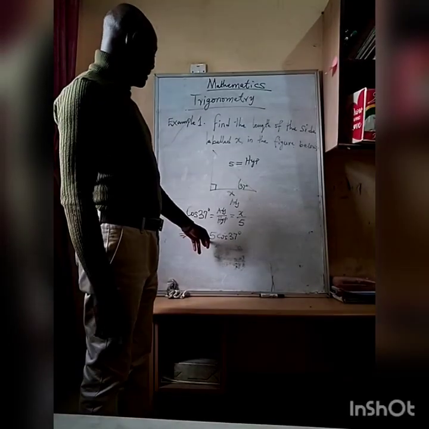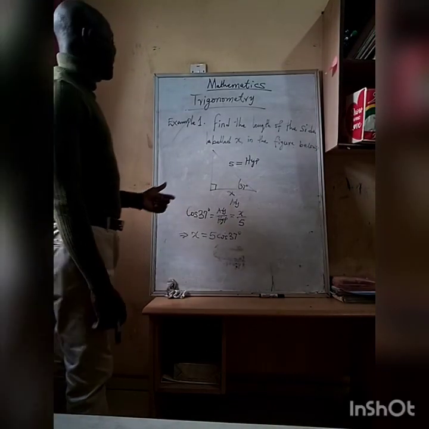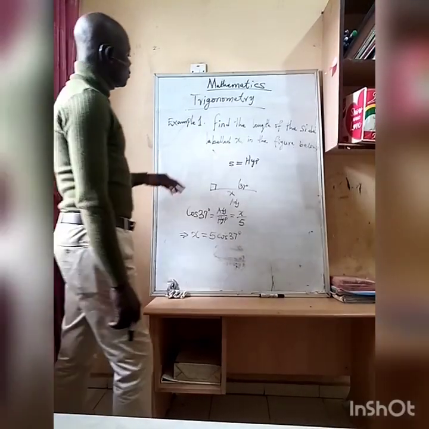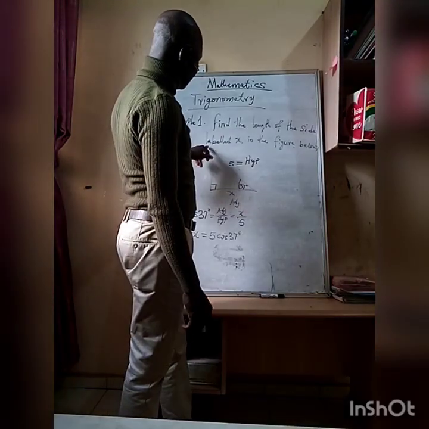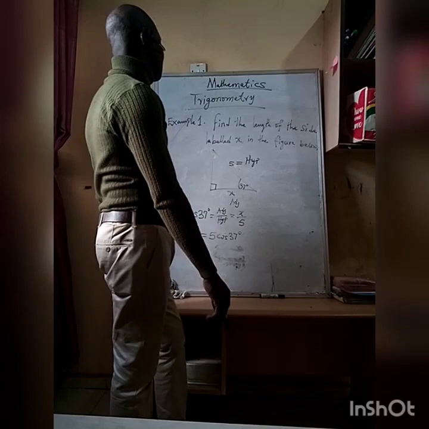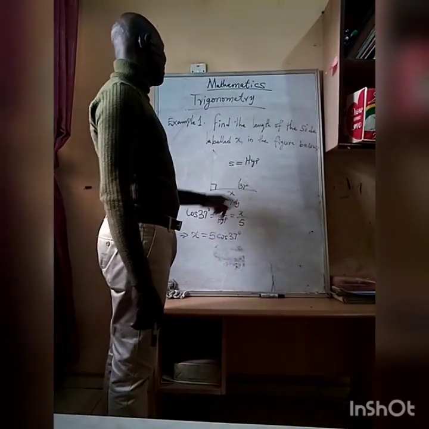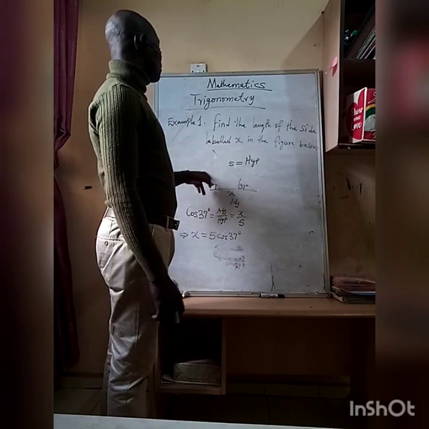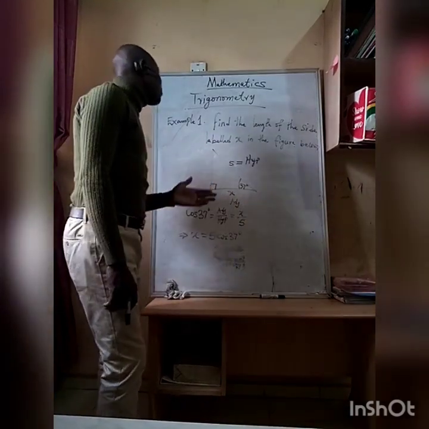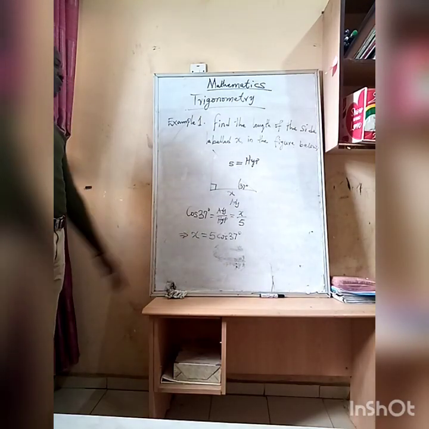So by the time we obtain this, we can go further to identify the relationship between this side, which is opposite, and this side, which is ordinarily given. This is the hypotenuse. So we will still have applied sine 37 being equal to opposite over hypotenuse if we were told to find it, and we will still arrive at the solution this way.